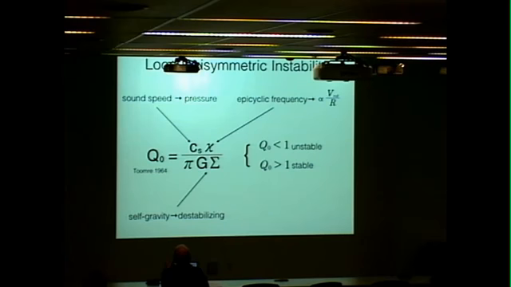The idea has been that galaxies always like to live at the edge of stability with a Toomre Q parameter, which is of order 1. Q is defined like that. It's the sound speed, or the velocity dispersion, if that is larger than the sound speed, times the epicyclic frequency divided by pi G surface density of the gas.